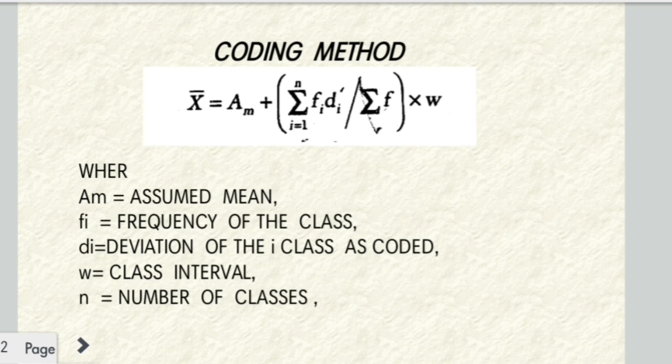Now we calculate mean in the coding process. Formula of the coding process: mean equal to M plus summation FD by summation F into W. Here W equal to class interval.